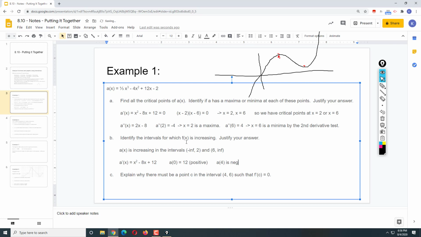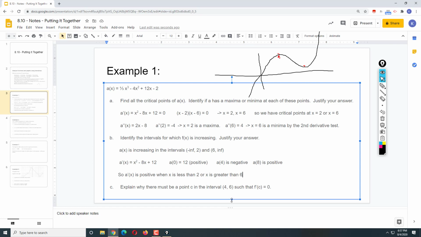And A prime of 8 is positive. So that tells us that the first derivative is positive when x is less than 2 or x is greater than 6. So that's why A of x is increasing in those intervals, because the first derivative is positive.